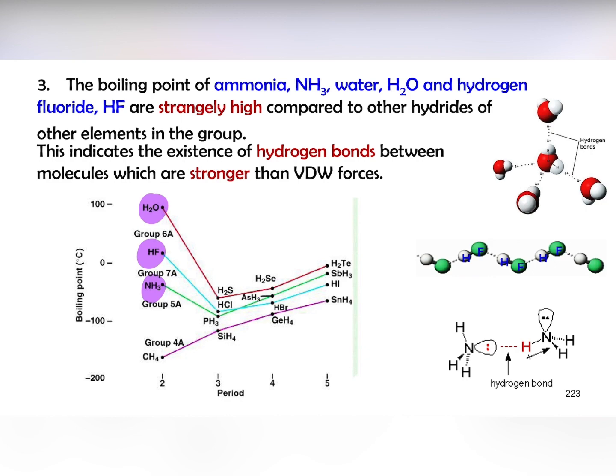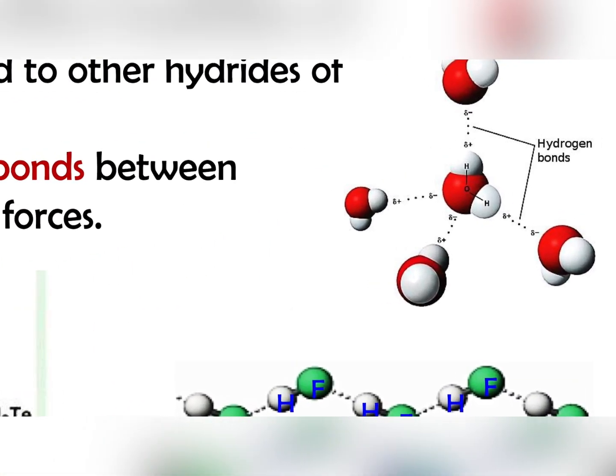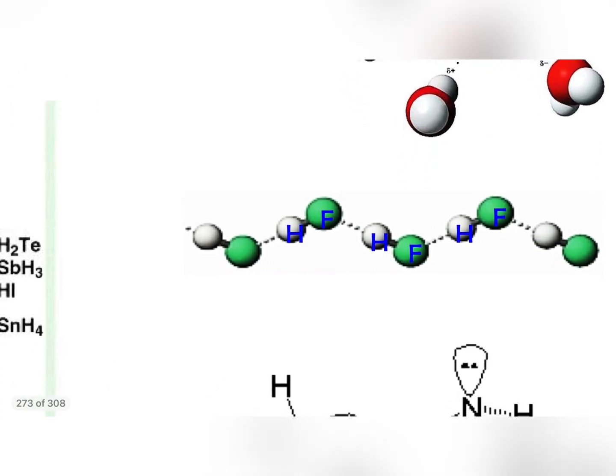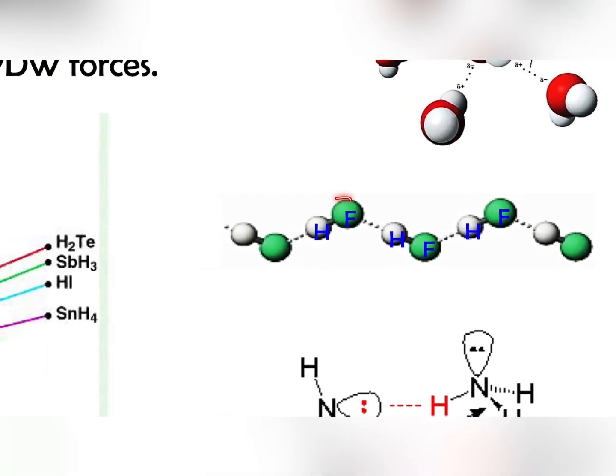Okay, right. So you can see here, contoh kita ada water molecule. Okay, so another water molecule, you can form hydrogen bond. Okay, dia boleh form hydrogen bond with another water molecule. So untuk HF pula, so ini satu molekul HF, ini another molecule of HF, so you can form hydrogen bond between HF molecules.